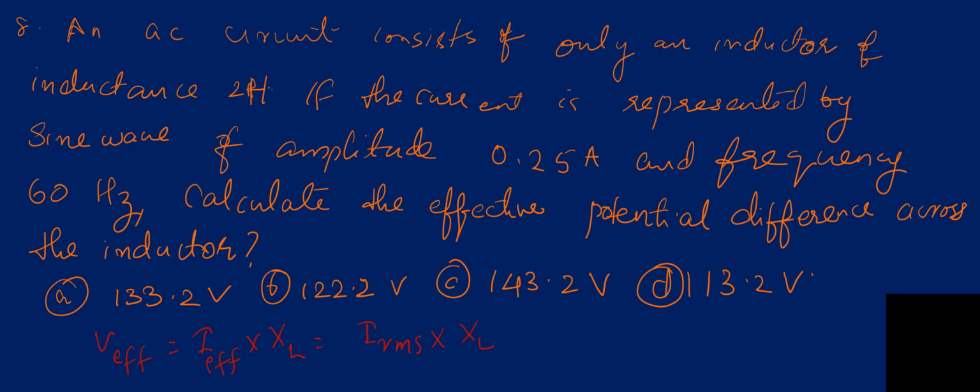Our IRMS is I0 by root 2 and XL is L omega. I0 is given. We write current as I0 sine omega t. So I0 value is 0.25 divided by root 2 into L into omega, which is 2 pi f, 2 pi into frequency, that is 60 given. So if you calculate, you will get 133.2 volt. Option A is the correct one.